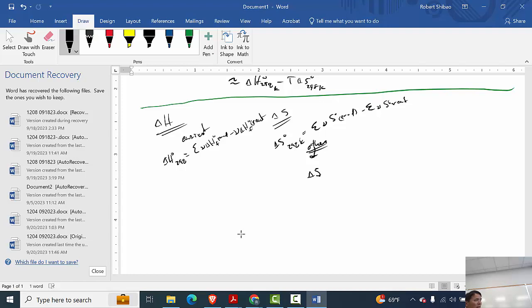But here, delta S is related to Q reversible over T. Did I talk about that? It's related to how much heat is exchanged at a given temperature. Based on this, we can get some additional relationships.